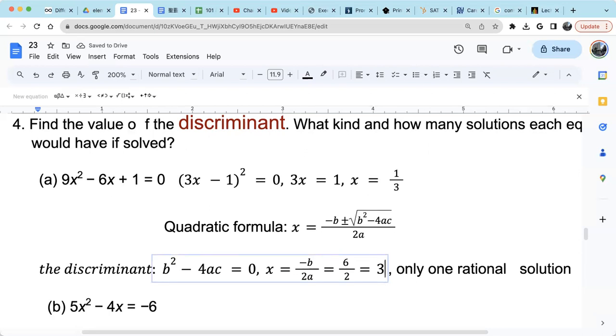No, something's wrong. Oh, a is not 1 now. a is 9. Do we see a is 9? So it's 2 times 9, which is 18. 6 divided by 18, indeed, is 1 over 3.